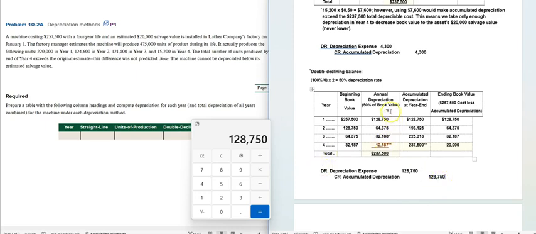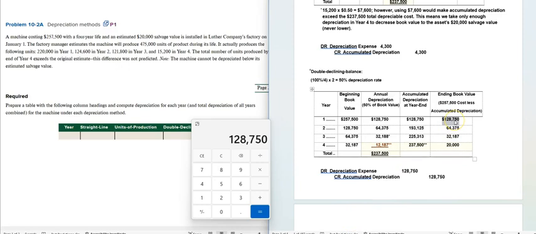When that is recorded, my accumulated depreciation account at the end of year 1 will go from 0 up to $128,750, which causes my book value, cost of $257,500 minus accumulated depreciation of $128,750, book value will become $128,750.